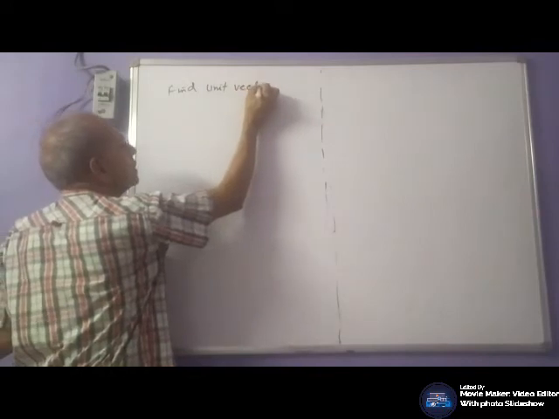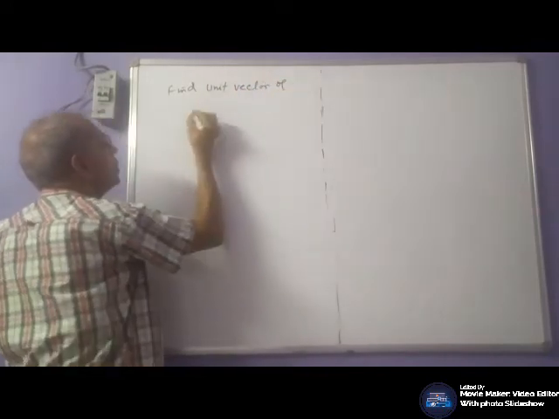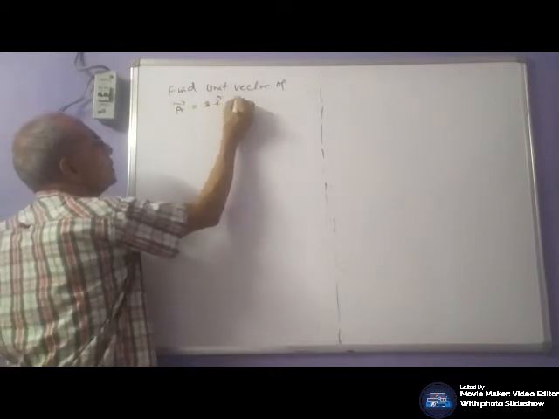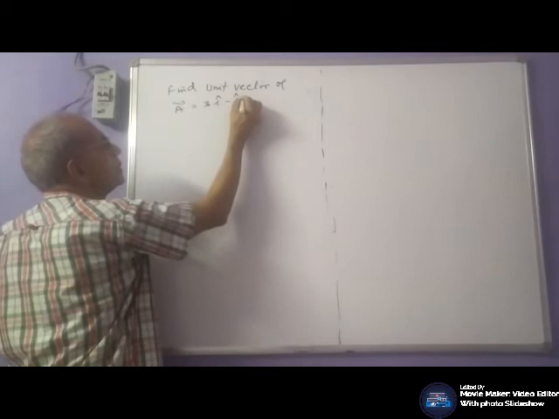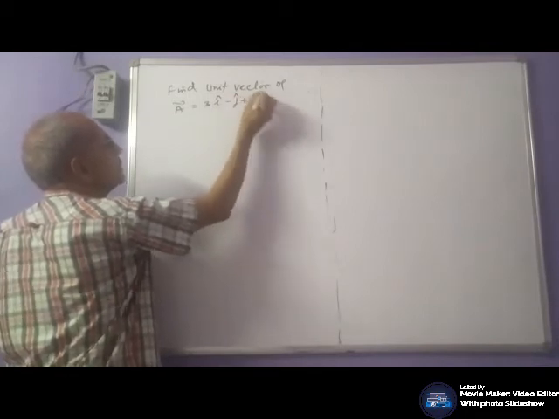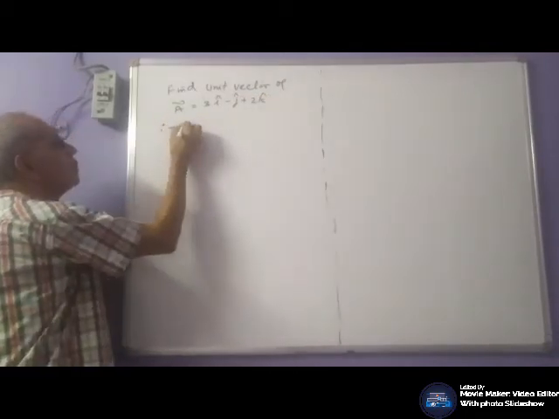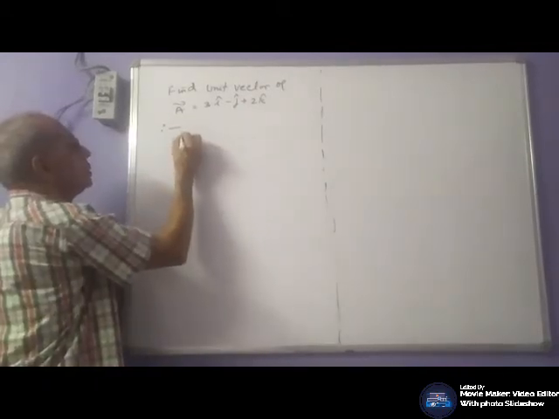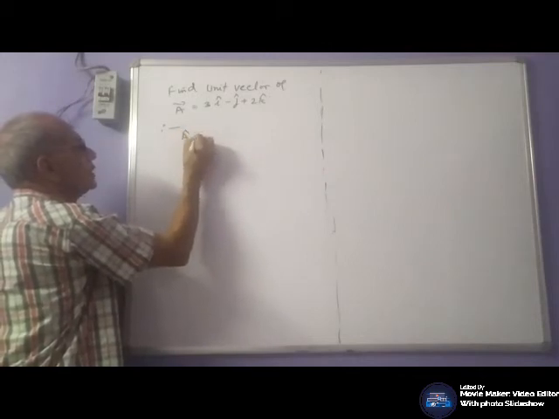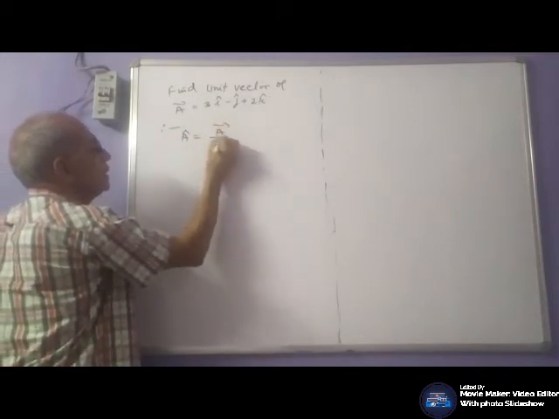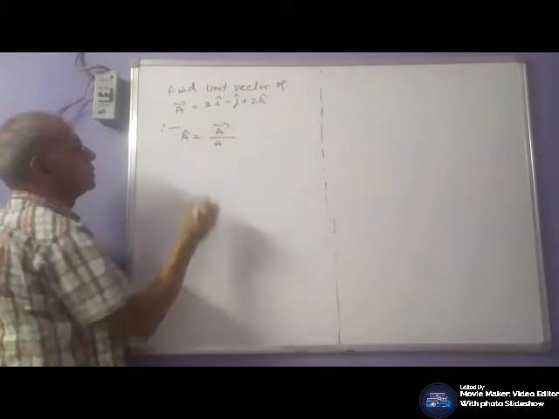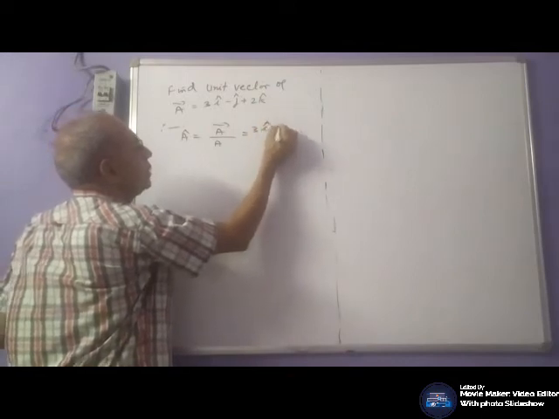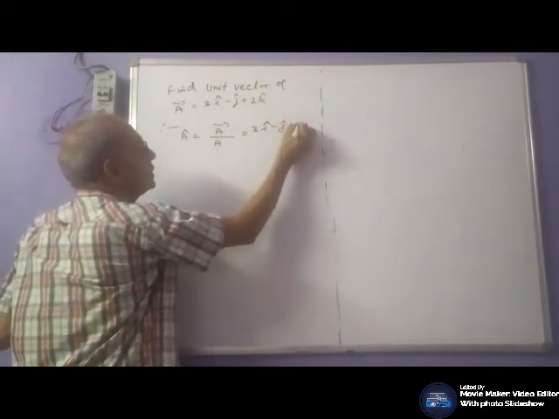Another question: find the unit vector of the vector 3i minus j plus 2k. The unit vector, we know, is the vector divided by its magnitude. The vector is 3i minus j plus 2k.